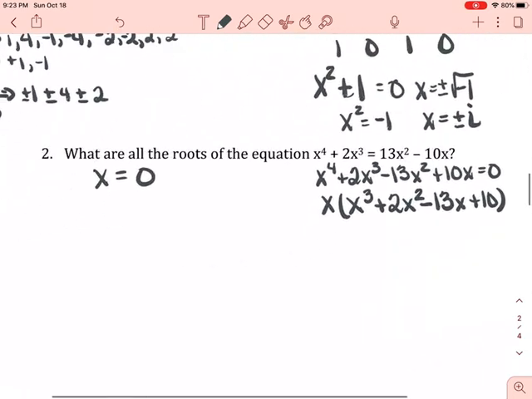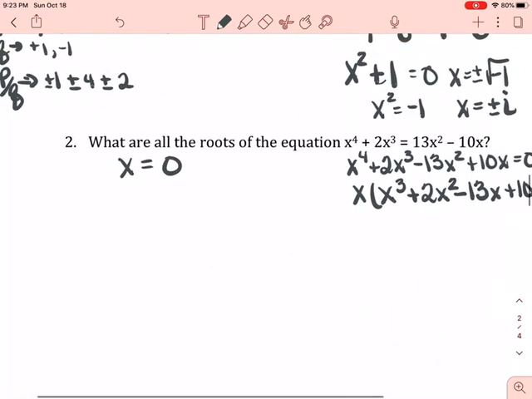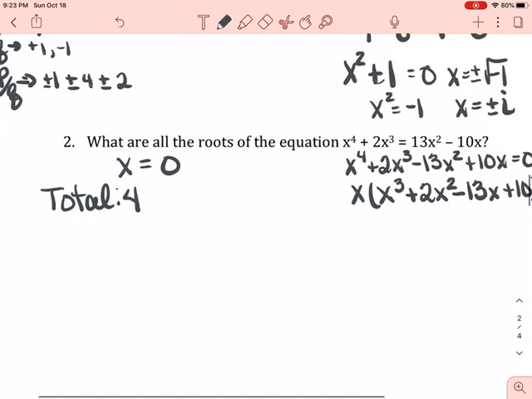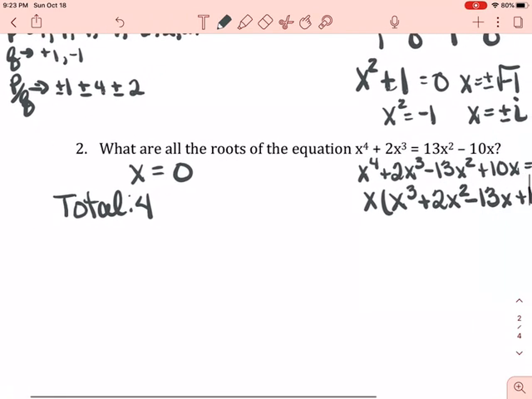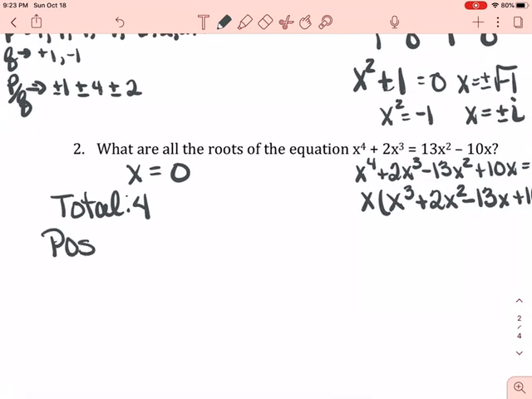Okay, so total roots is 4, but we already found one. Okay, so we have positive real roots.